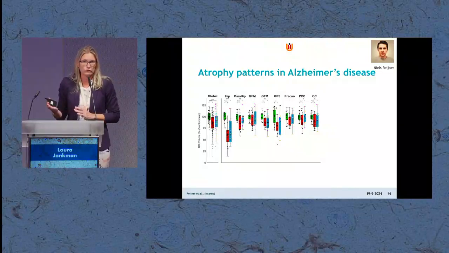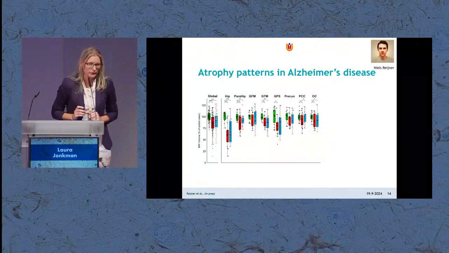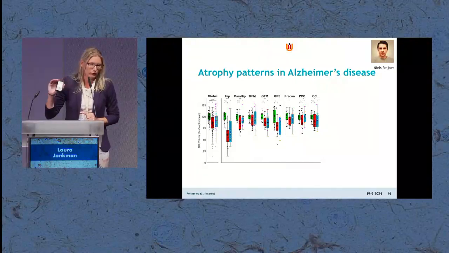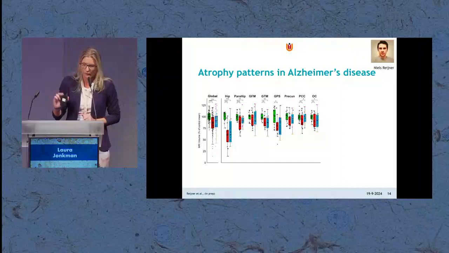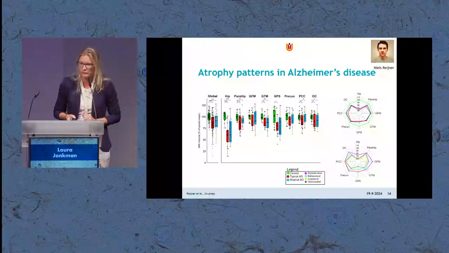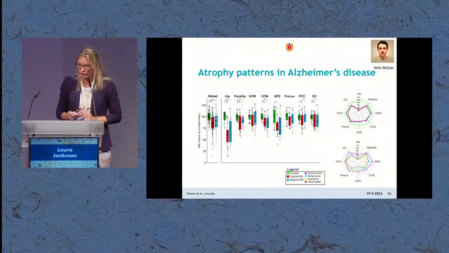We found several temporal, parietal, occipital changes in the atrophy patterns of Alzheimer's disease, with the posterior cingulate cortex being a little bit distinguished between more typical and atypical Alzheimer's. Within the different phenotypes, not that many differences were shown.